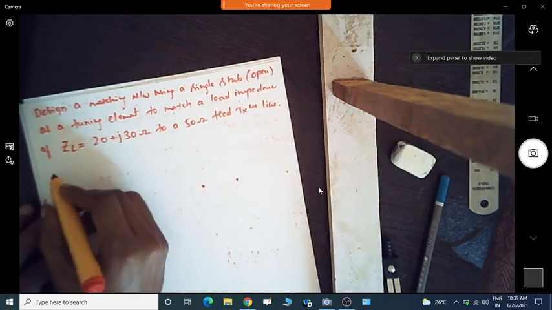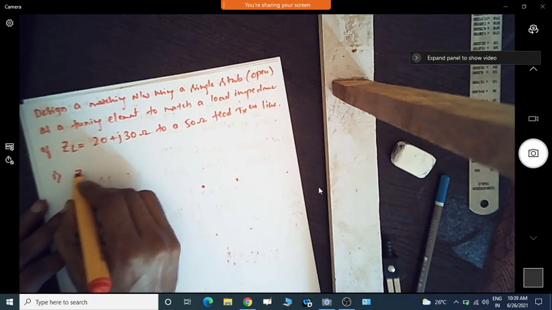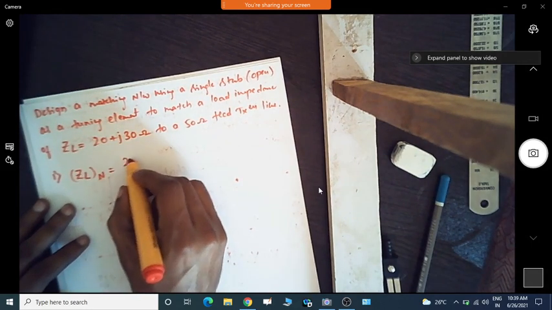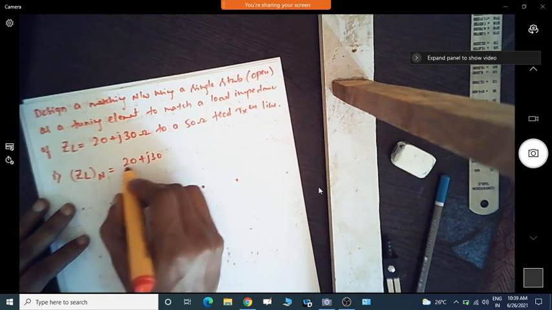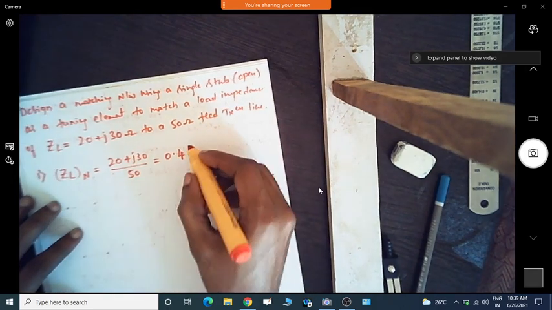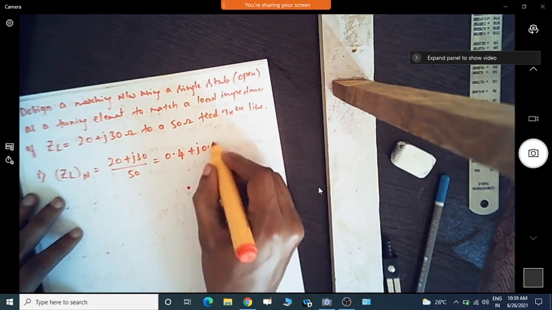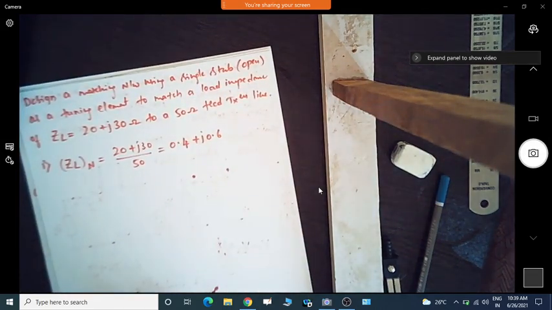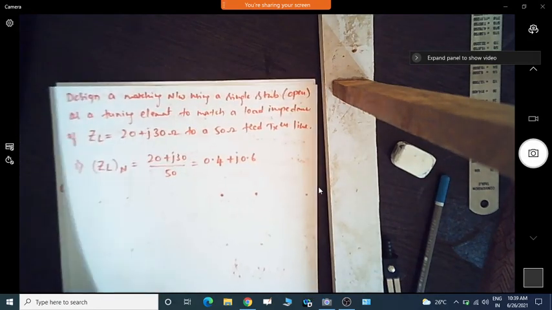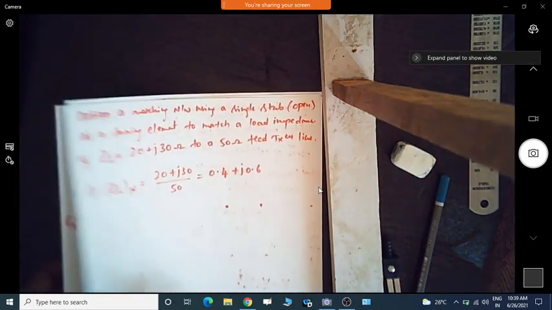Now the first step, we have to normalize the load, which is equal to 20 plus j30 divided by 50, which is equal to 0.4 plus j0.6. Now we need to locate this point in the Smith chart.